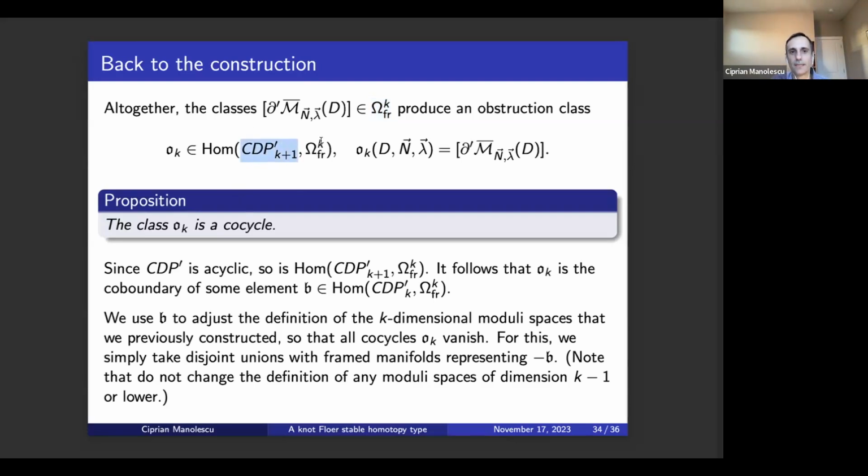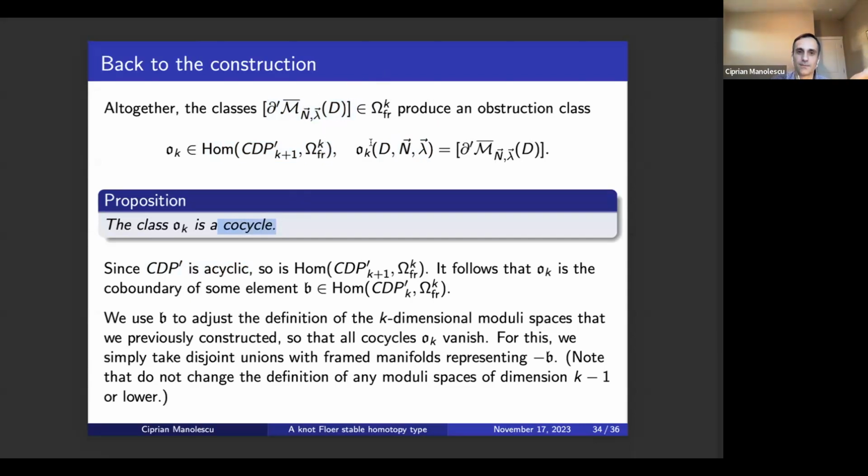So Hom from this to omega k framed, given by OK of a triple, is whatever this class is in omega k framed. Okay, so for each triple, we have a frame cobordism class. This gives us an element in the chain complex. All right, we can prove it's a cocycle. And since it's acyclic, it kind of follows formally that it's a cocycle.